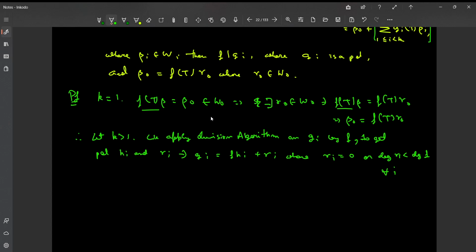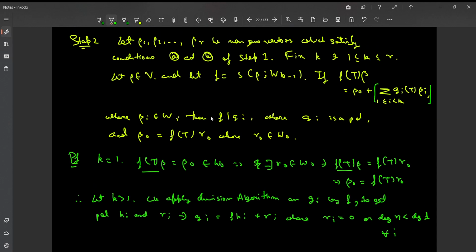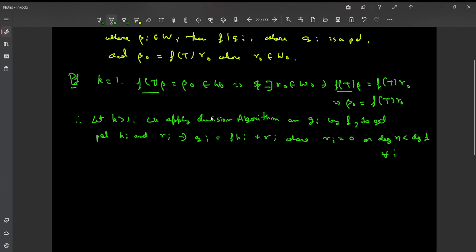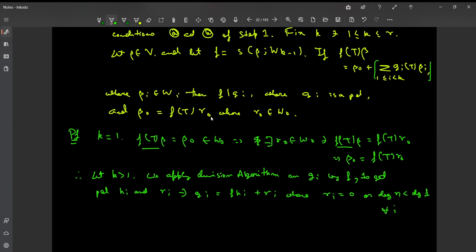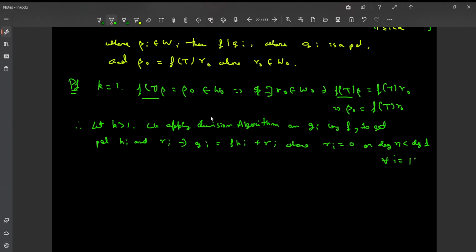Obviously i ranges till r minus 1, or what was i ranging from? I forgot the index. Yeah, we had fixed a k, so i ranges from 1 to k minus 1. Correct. We are concerned about i ranging from 1 to k minus 1 because there is no polynomial gi for i equal to 0. So obviously, to show that f divides gi, we need to show ri equals 0.